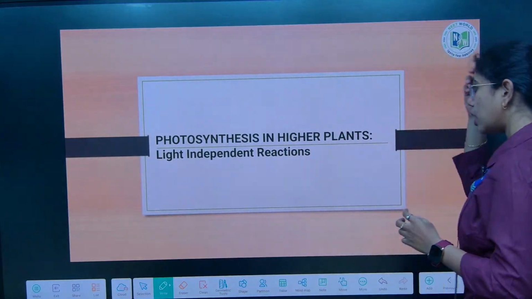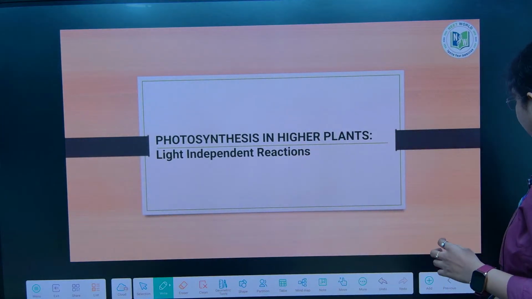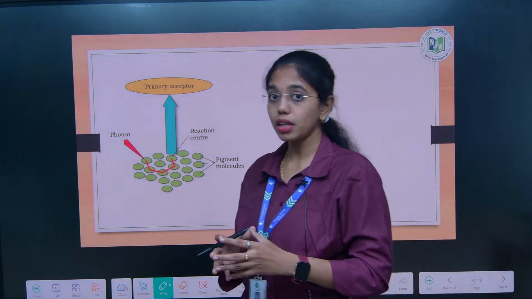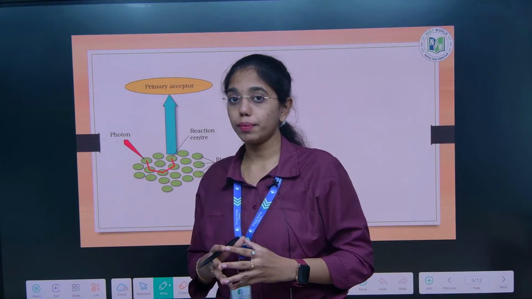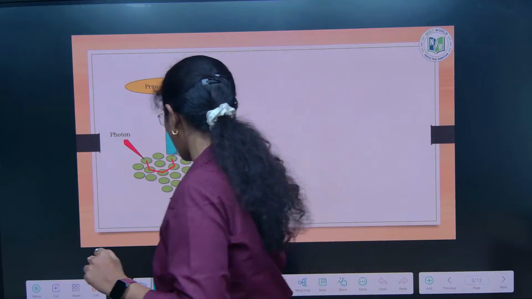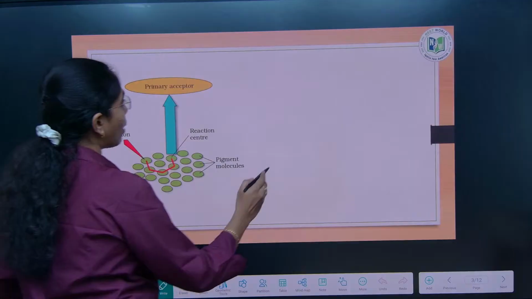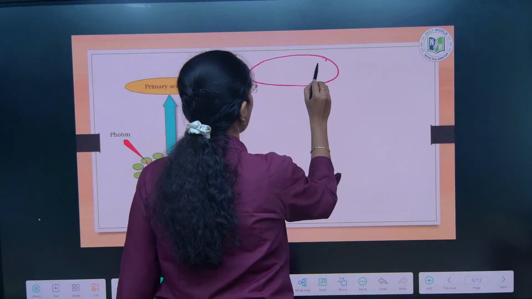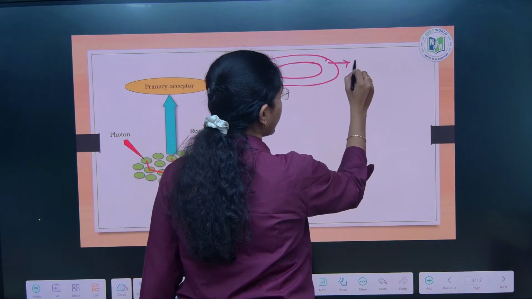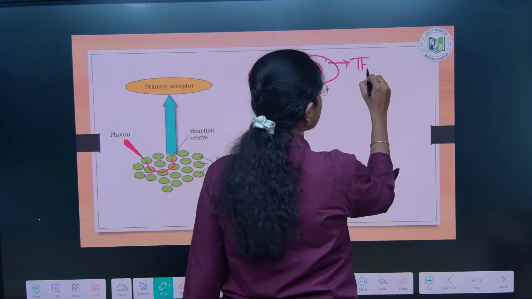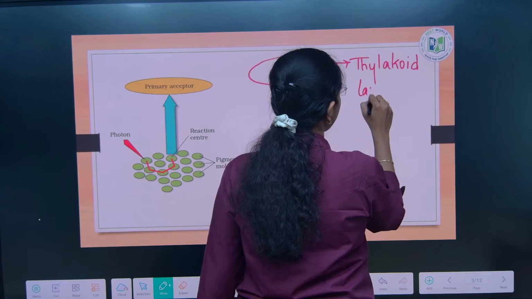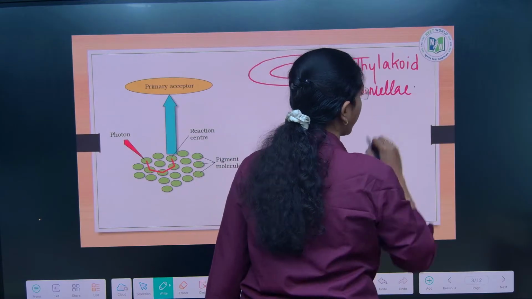So, yes students, yesterday we learned the complete framework and we also discussed the chloroplast organelle, the third membrane system, that is the thylakoid membrane. Inside the thylakoid membrane we learned there are light harvesting complexes. Once if we have to recall, if I take one thylakoid sac, this is the membrane of the thylakoid, which is addressed as thylakoid lamellae or thylakoid membrane.